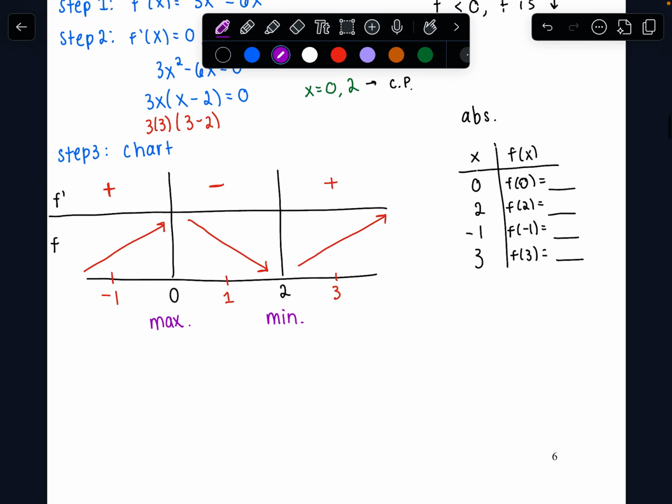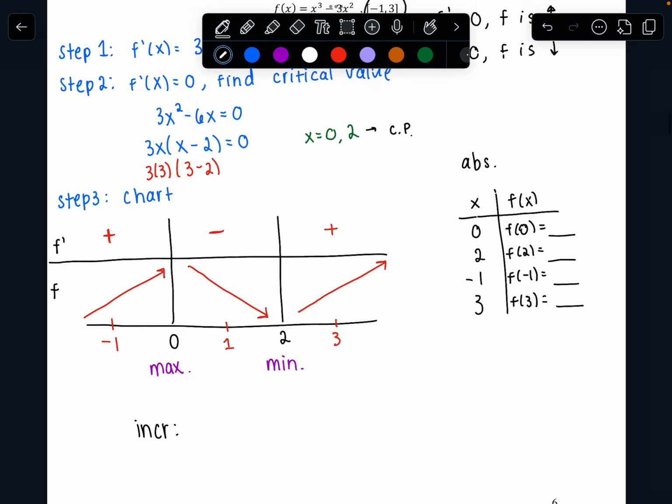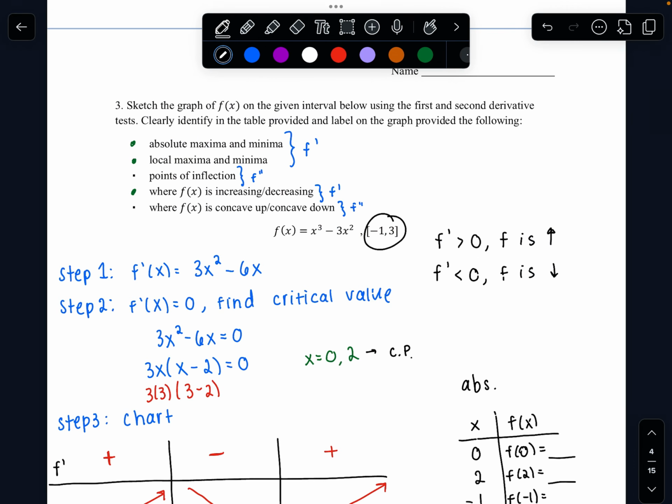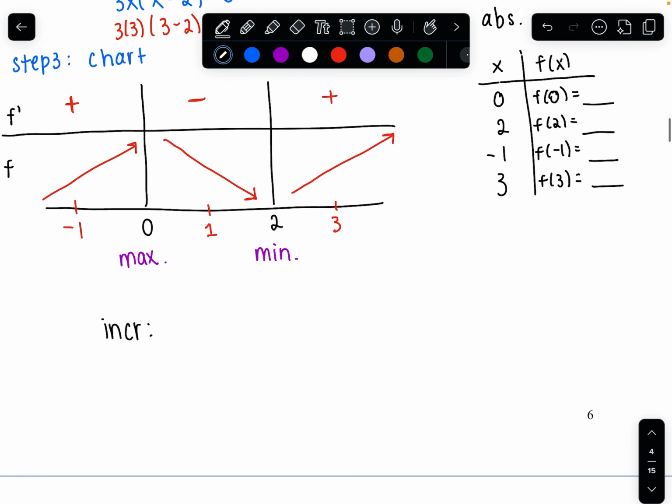All right, so from here we can figure out our intervals of increase, decrease. So technically we only care about -1 to 3. Technically this function is increasing from -infinity to 0, and then also from 2 to infinity.